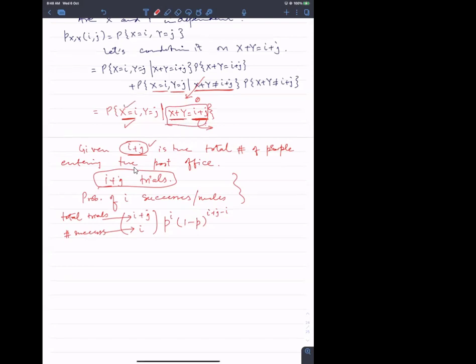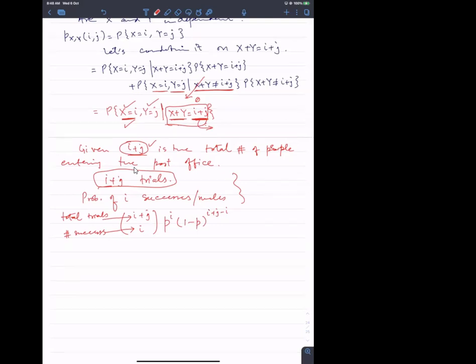When you have I successes, you will automatically have J failures, J उसमें से females आ जाएंगे. So very interesting कि ये तो आपके पास binomial distribution निकला है. Binomial distribution.